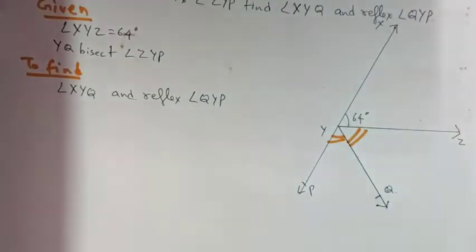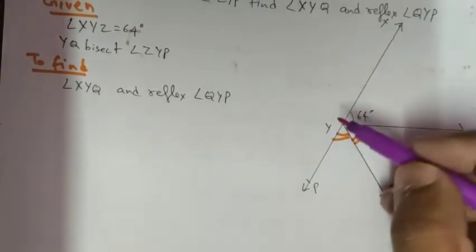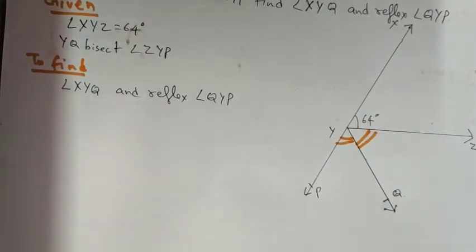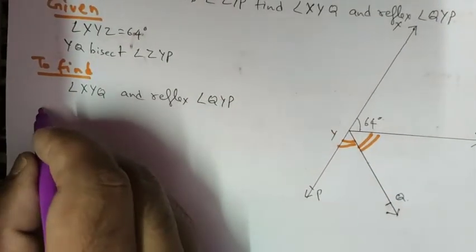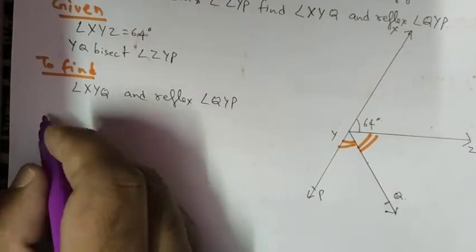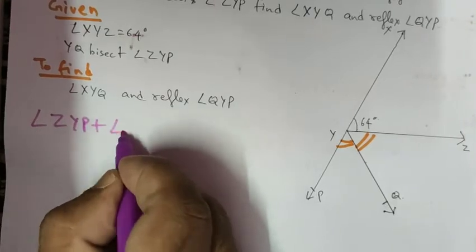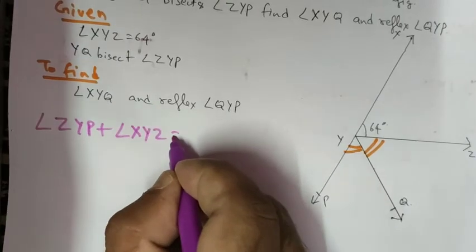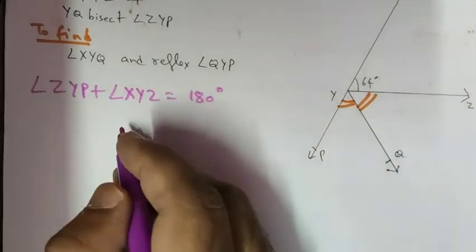So with the given information, we can see here that angle ZYP plus angle XYZ are a linear pair. Why? Because this is produced to point P, that means XP is a straight line. So we can write angle ZYP plus angle XYZ equals 180, and we know that the value of angle XYZ is 64 degrees.